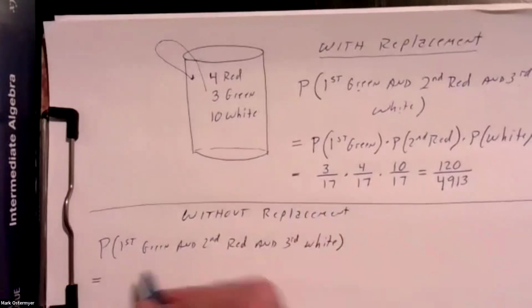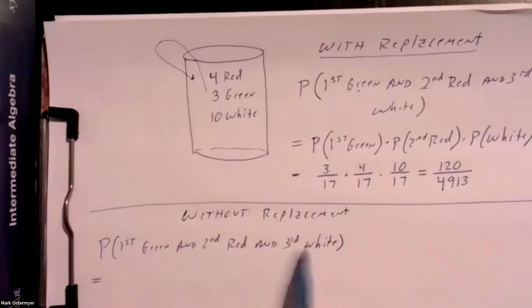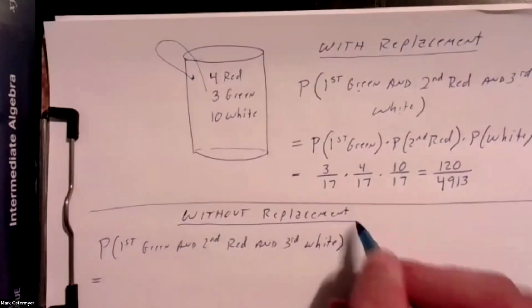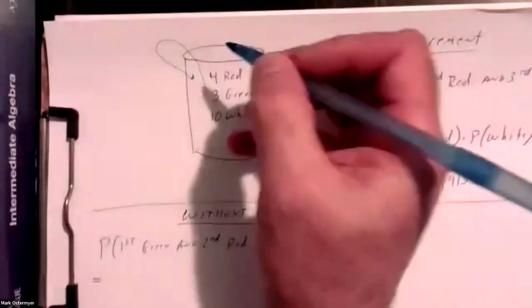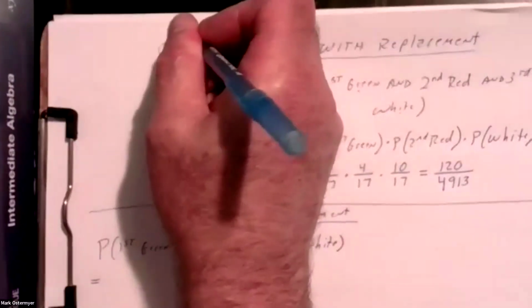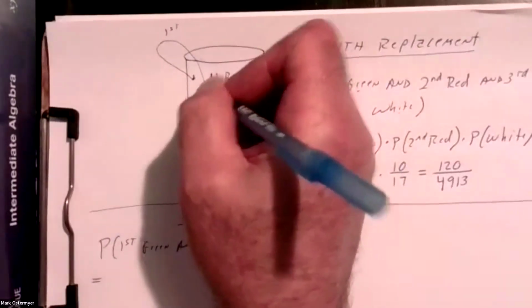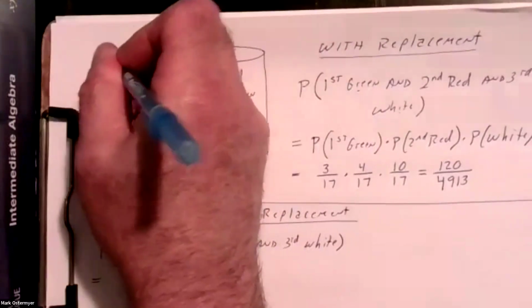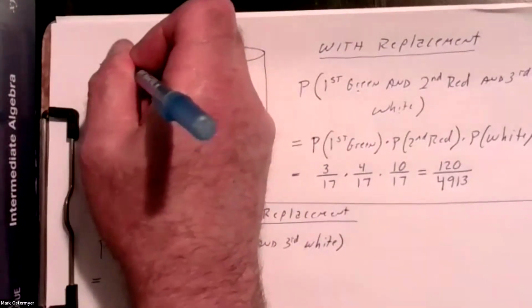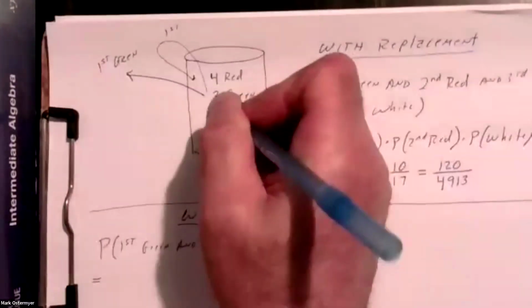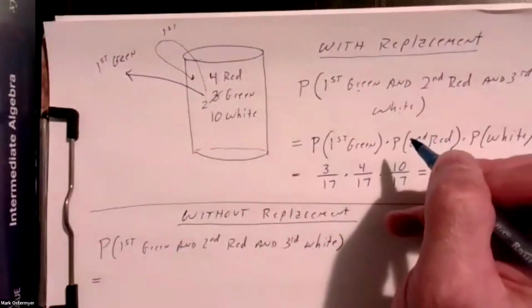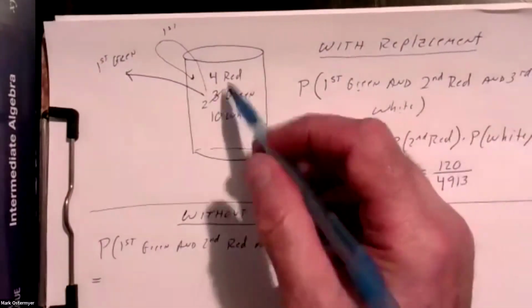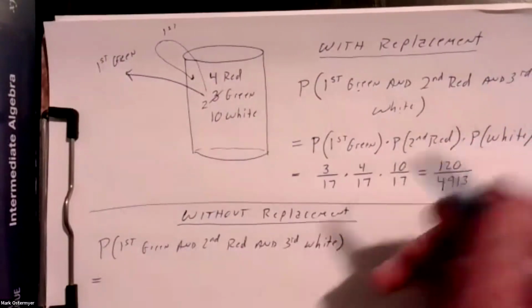Well, these events are no longer independent. These are called dependent events because this experiment is going to be without replacement. So if on the first selection, I select a green ball, and I keep the green ball out of the container, that reduces the number of green balls down to 2, and that's going to affect subsequent probabilities of other selections.